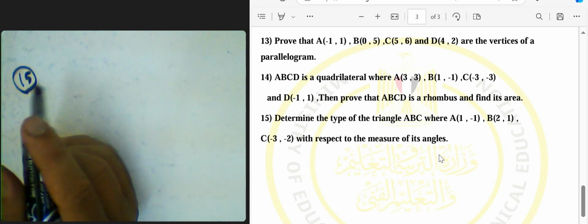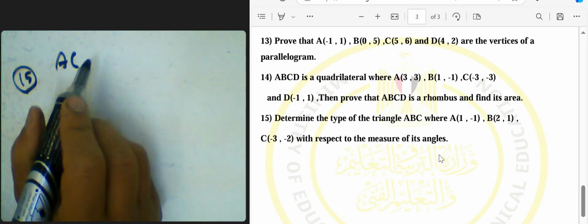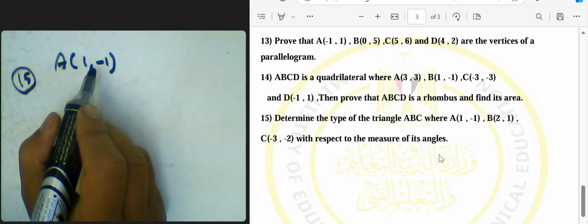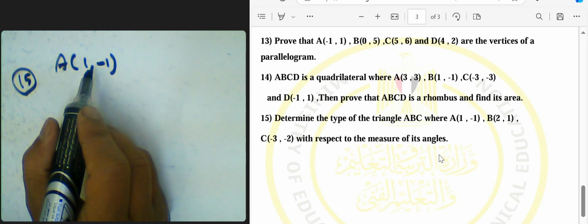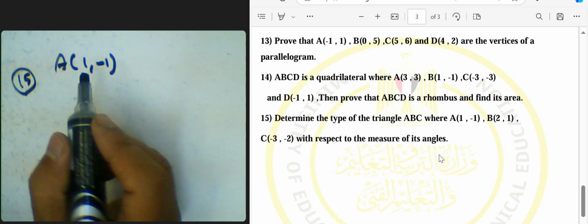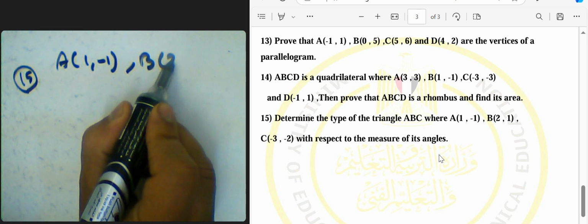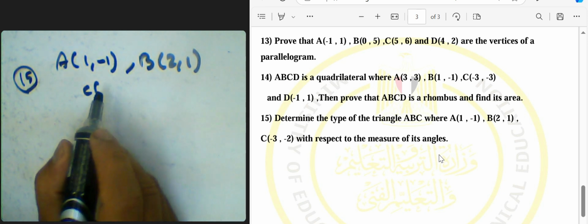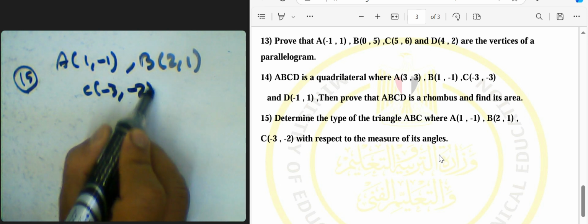We have point A (1, -1), point B (2, 1), and point C (-3, -2).